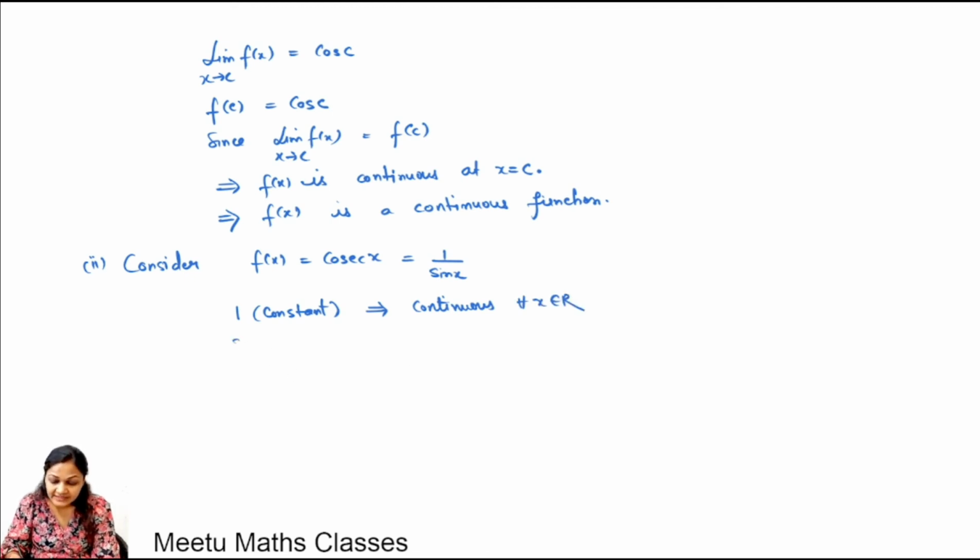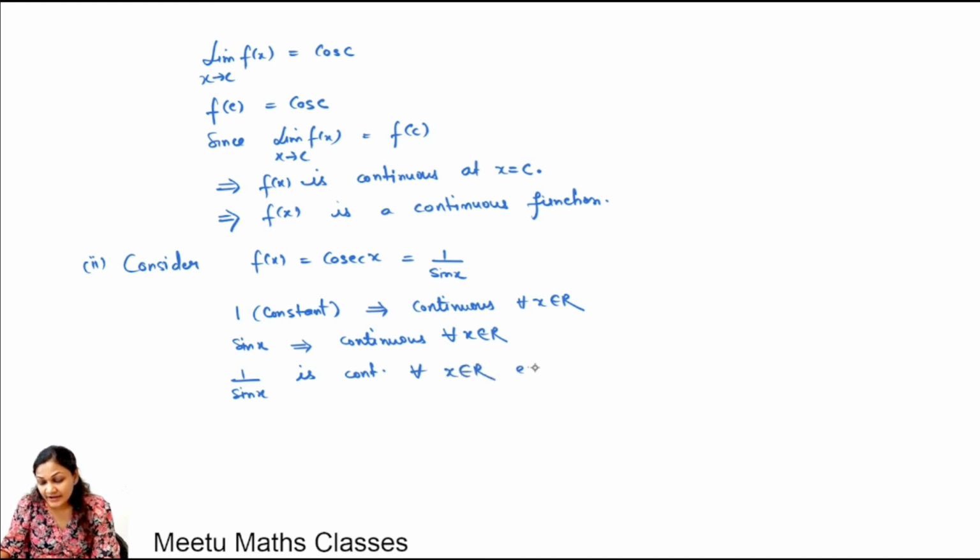Sin x is also continuous for all x belongs to R, but the rational function is continuous for all x belongs to R except where sin x equals 0.